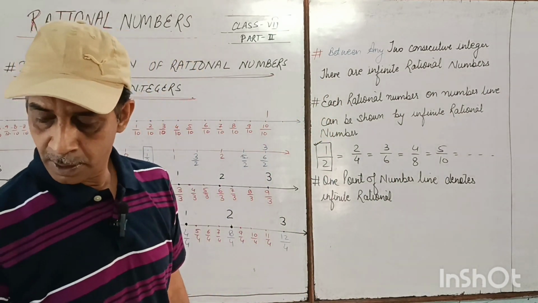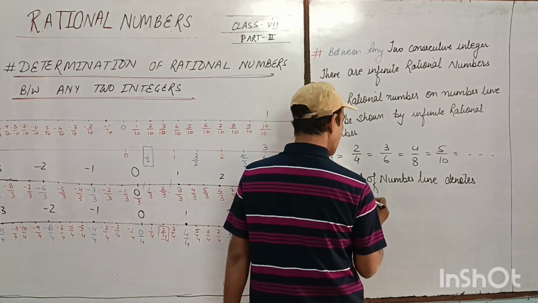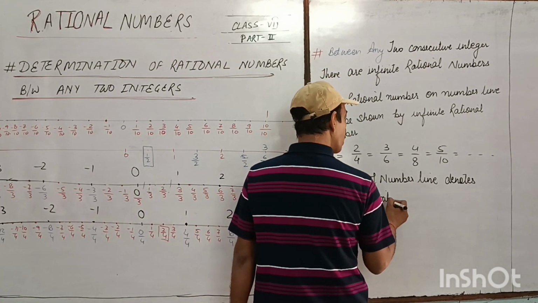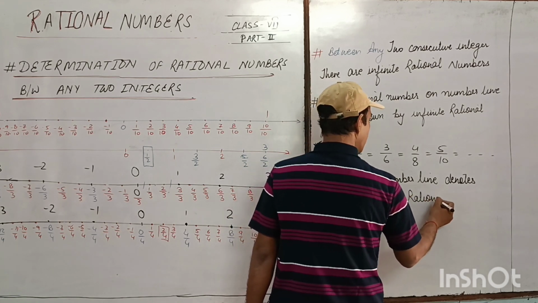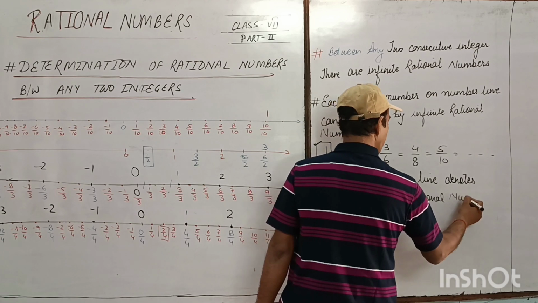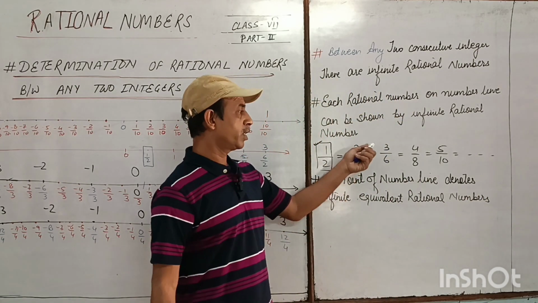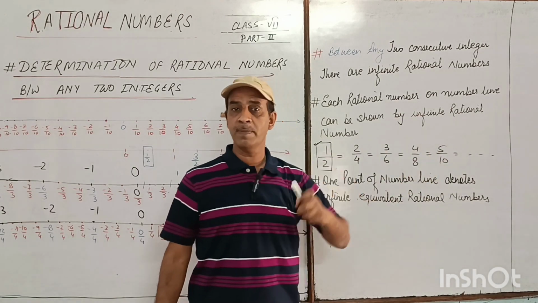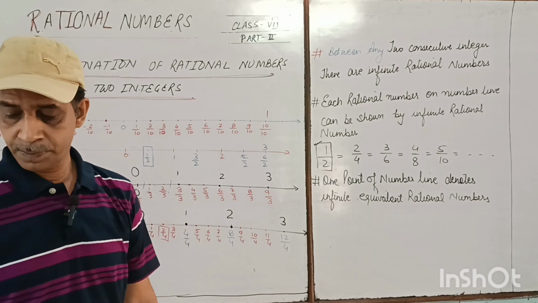You know it? More appropriately, they are equivalent rational numbers. Remember? 1 upon 2, 2 upon 4, 3 upon 6, they are equivalent rational numbers. This was told to you in the first part of the video.